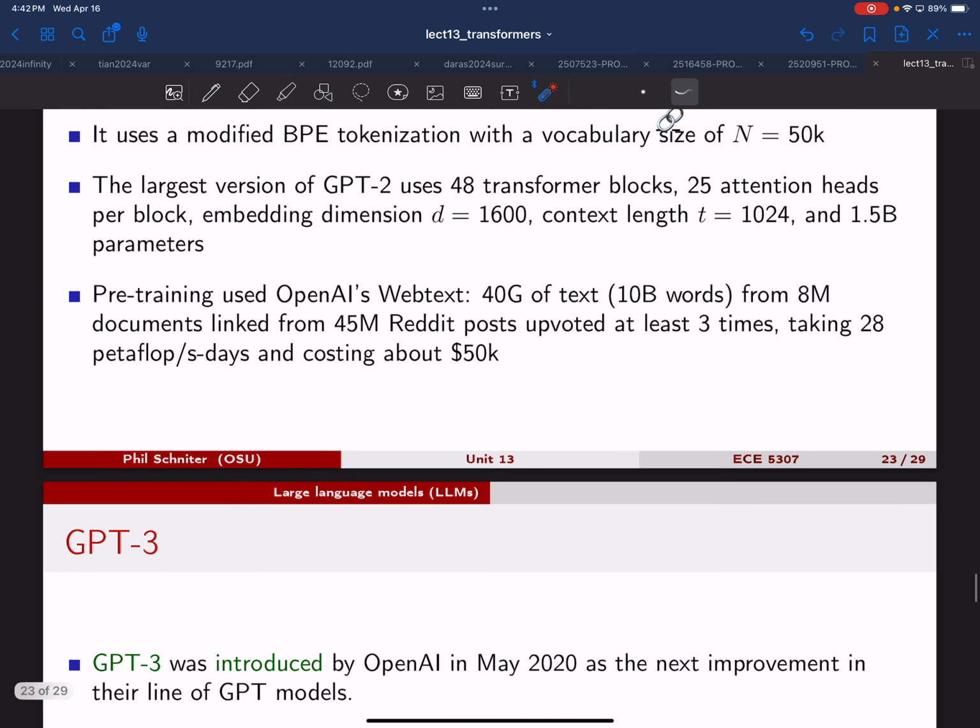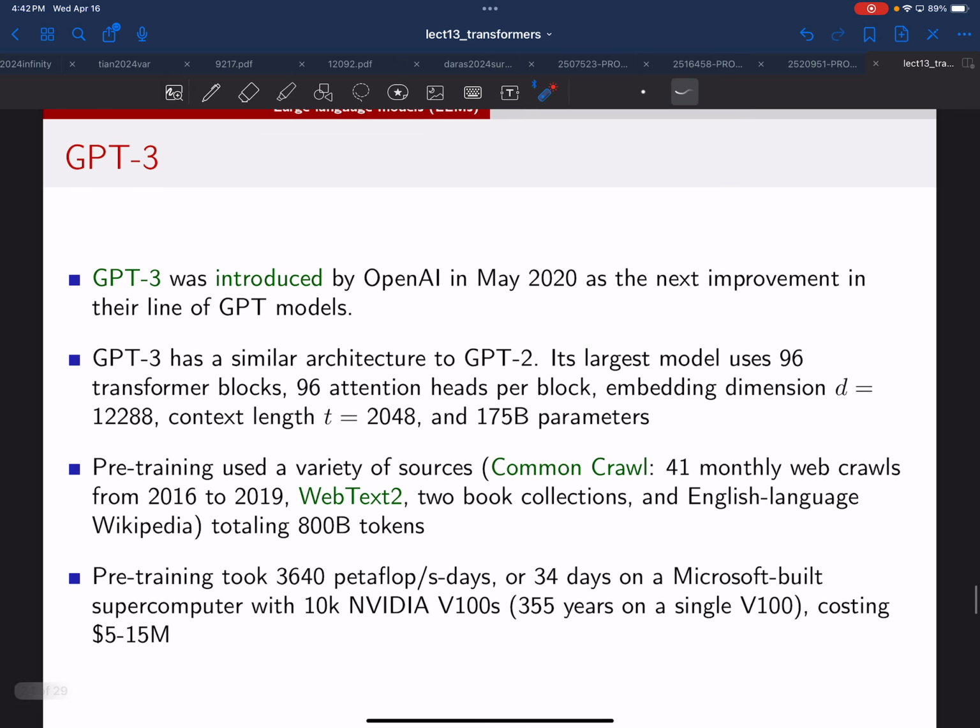All right, so GPT-3, this is May 2020, and this was the one that made the really big splash with ChatGPT and so on, although it was later in the year, in the fall. And this one, again, has a similar architecture to GPT-2. It's just bigger. They just took the same idea, made it bigger and bigger.